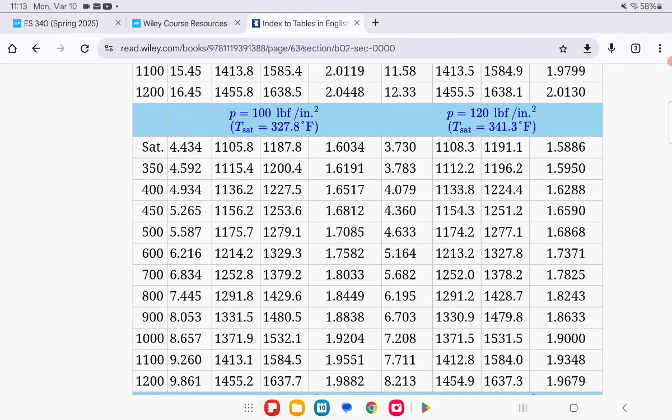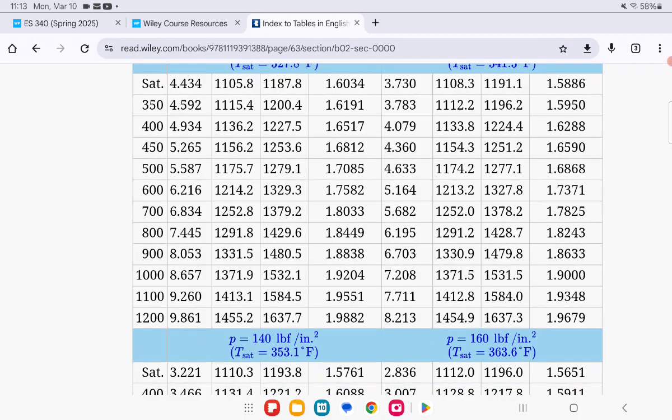Because I have my S2, my specific entropy in this case is 1.9263. So I'm going to scroll down, and at 1,000 I see 1.92, but it's not 1.9263, it's 1.9204, right? And then I see 1.9551. So that indicates to me I'm going to have to interpolate here to find the temperature.